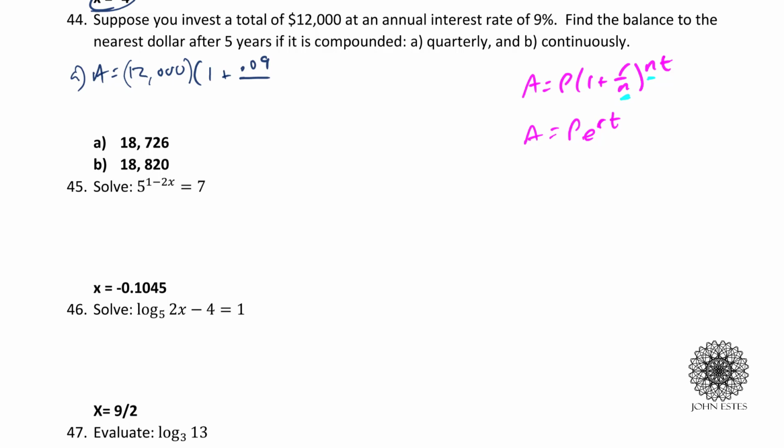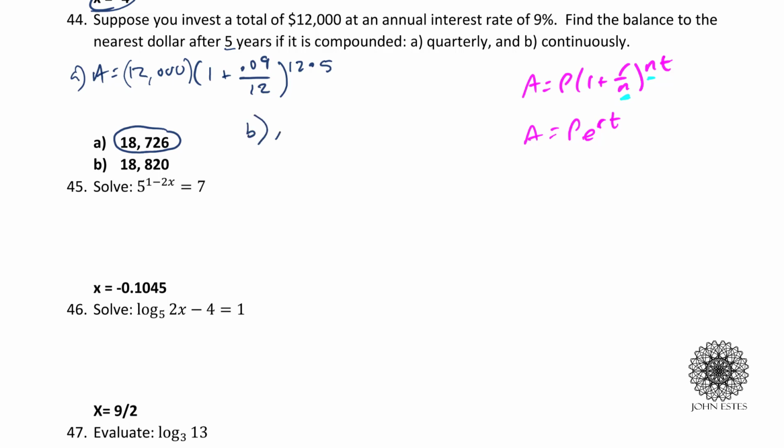I'm sorry, 0.09 compared to a dollar, and we're compounding monthly, so that's 12 compounds a year. And how many years are we running this thing? For 5 years. So there's my value. Now you have to carefully plug this into a calculator, and you should get about $18,726. Make sure you're getting that number in your calculator.